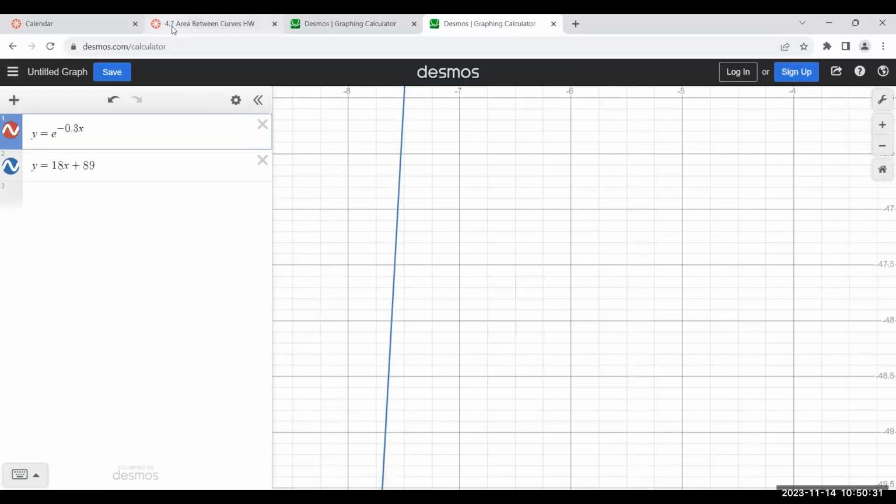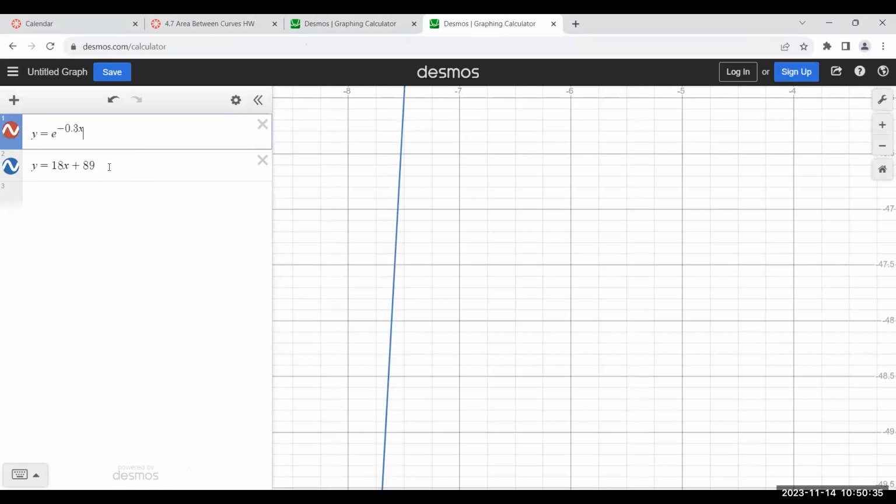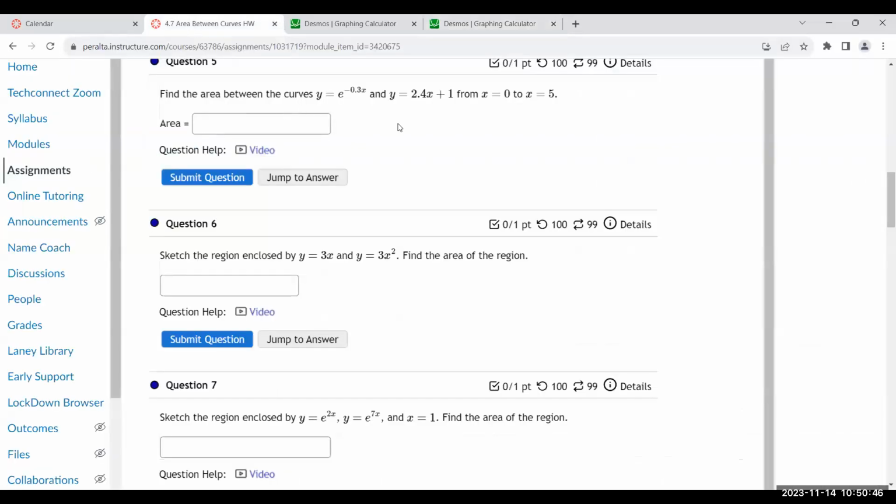Okay, yeah. And then the next one was y equals 2.4x plus 1. And then it said from x equals 0 to x equals 5.